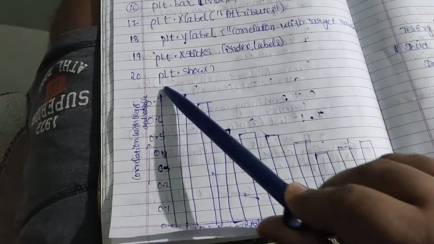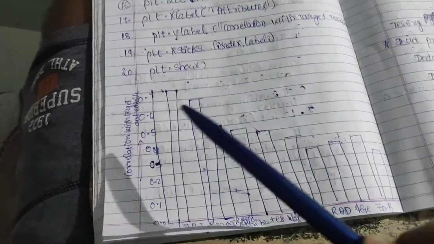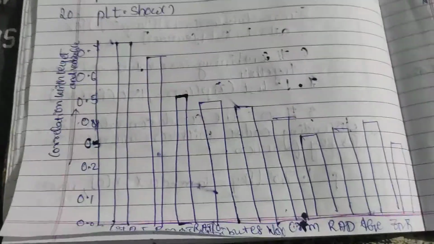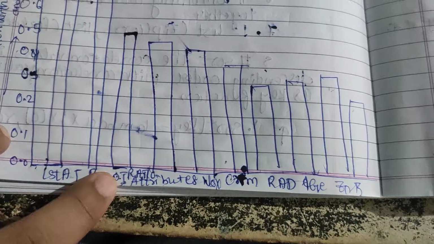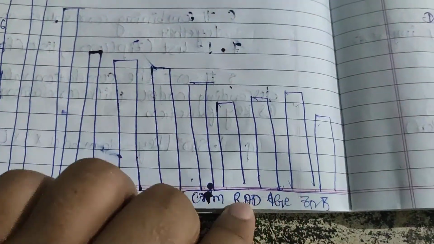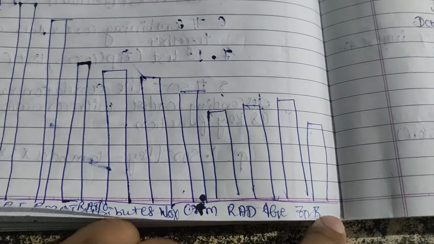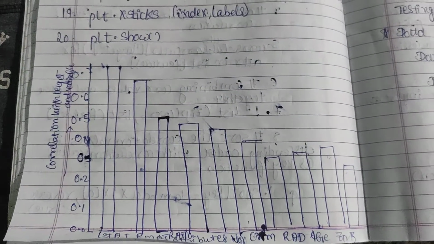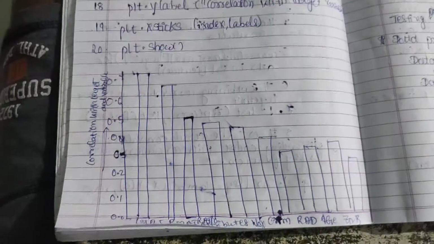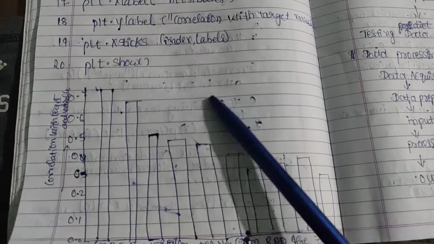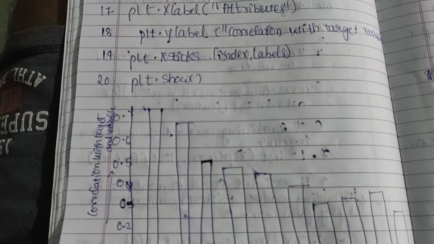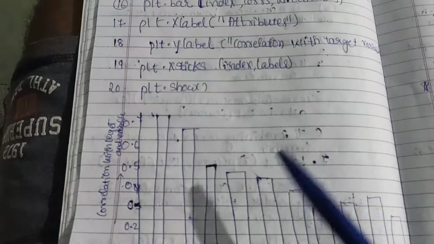For RM, CRIM, ZN and B, the graph will be shown sorted as below. So we get some correlation values and the correlation with price, showing what the maximum and minimum correlation is.